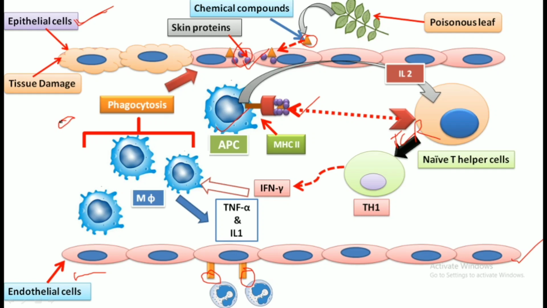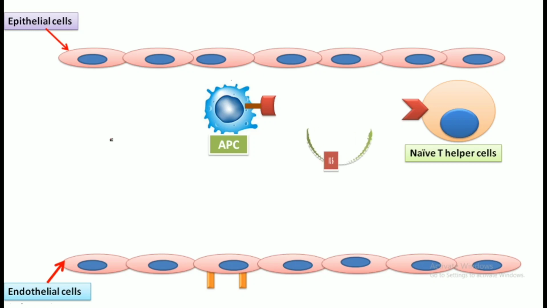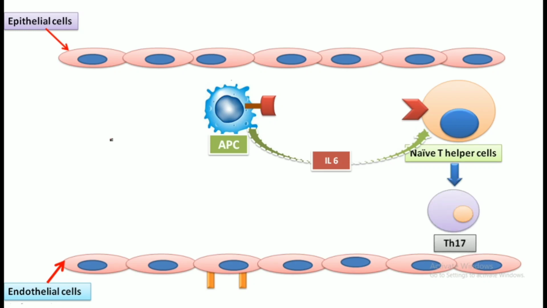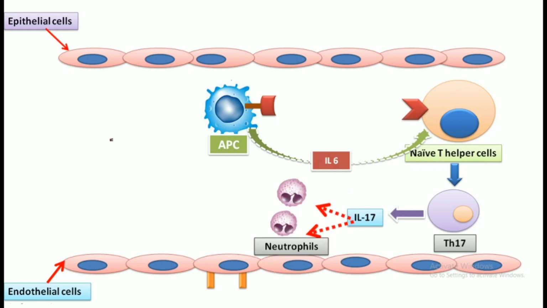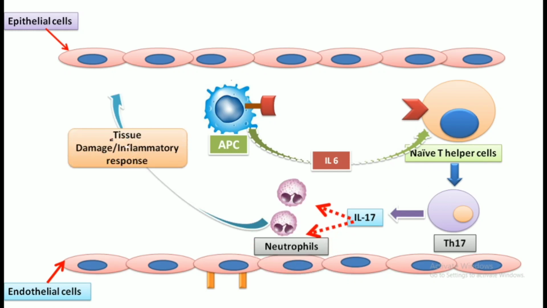The antigen presenting cell also releases interleukin 6 and other cytokines, which cause the naive T helper cell to differentiate into T helper 17 cells. The T helper 17 cells then release interleukin 17 that activates neutrophils, causing a similar inflammatory response as the macrophages, and the cells get damaged.